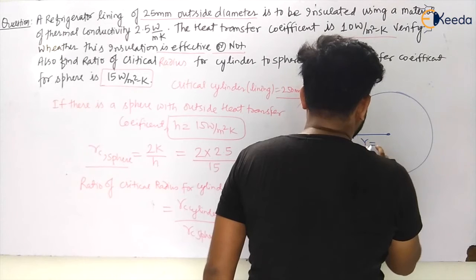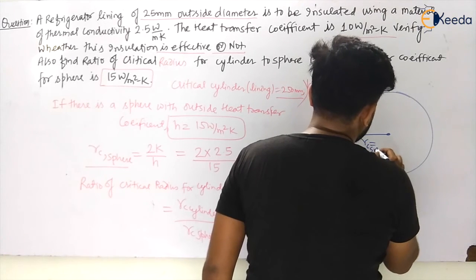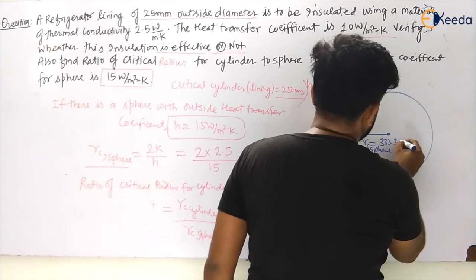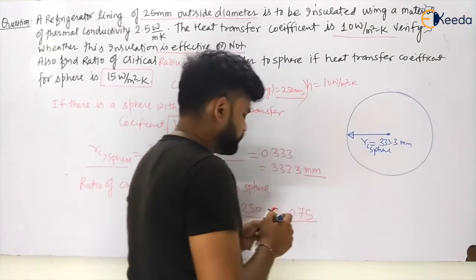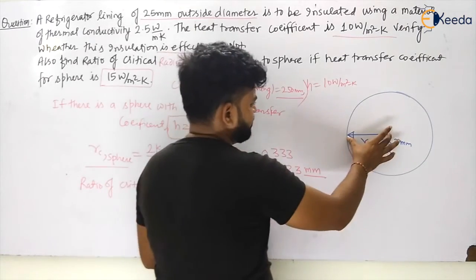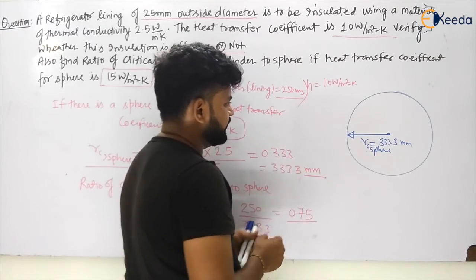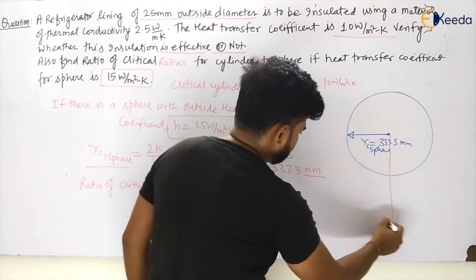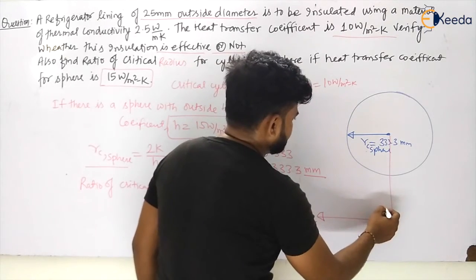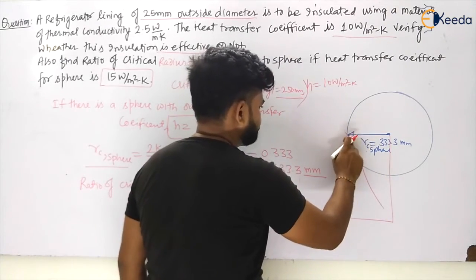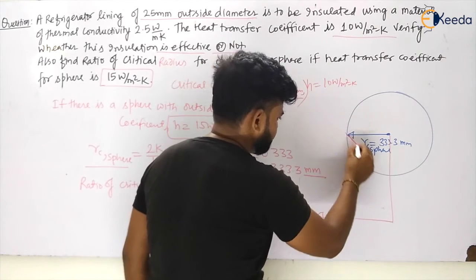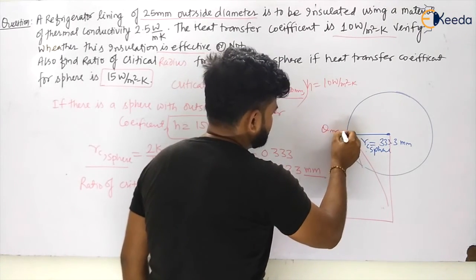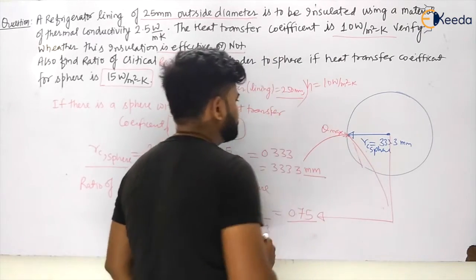So let us say RC for sphere is given to be this much, 333.3 millimeter. Up to this level there will be increasing heat transfer, and this will be Q maximum, and then there will be decreasing heat transfer.